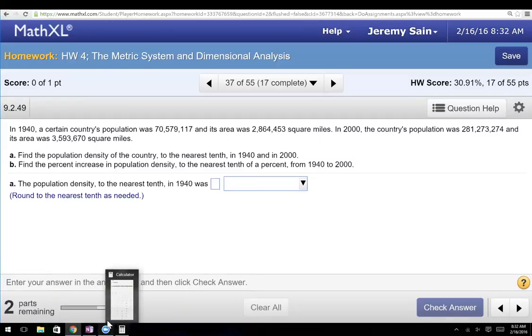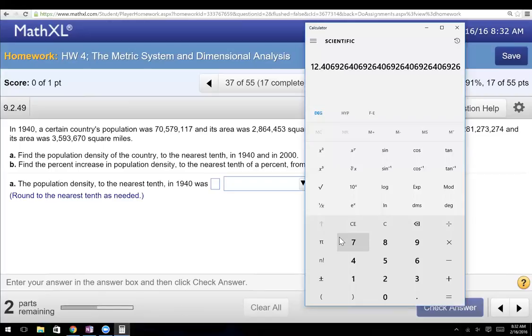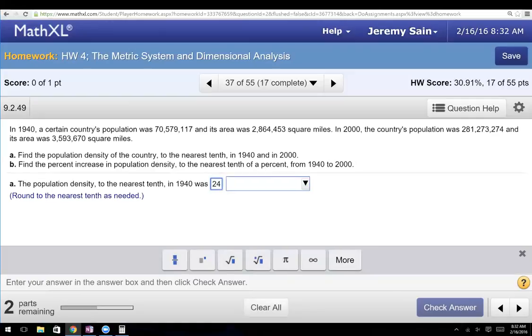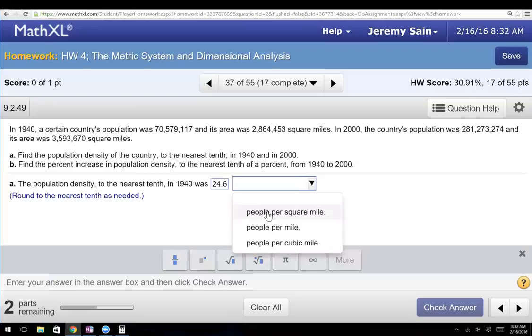What does per mean in math? Pretty much always, yeah, it means divide. So I'm just going to go to the 70 million divided by the 2,864,453. So it was 24 point, so 24.6. And that is people per square mile.